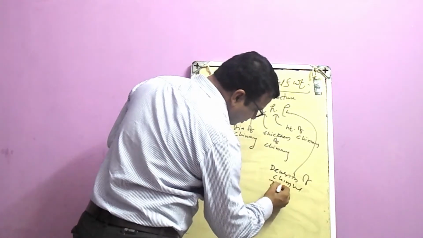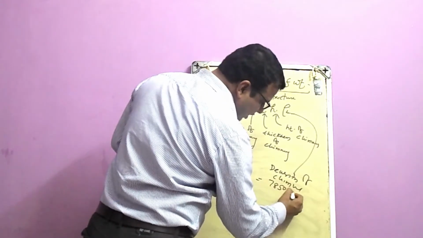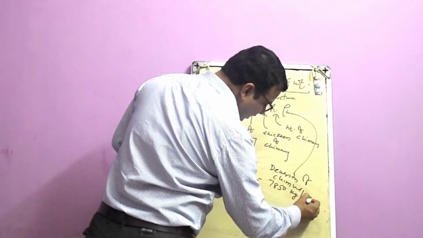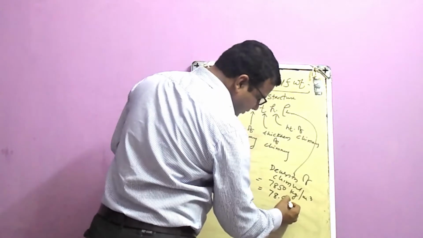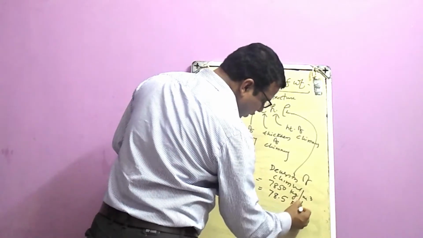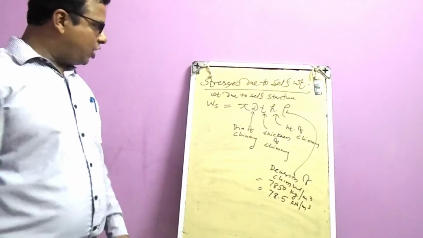Generally, density of steel is 7850 kg per meter cube or 78.5 kilonewton per meter cube. So this is the self weight of the chimney.